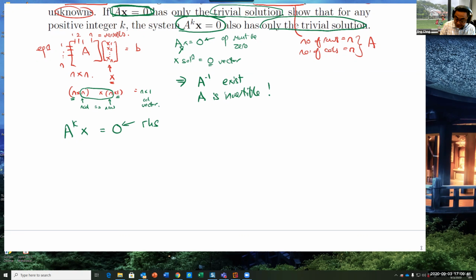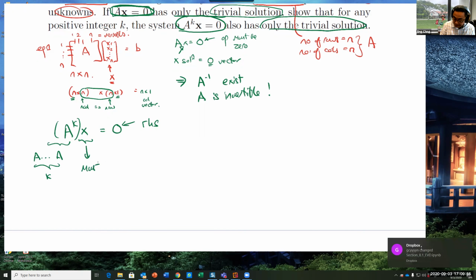I never tell you what A^k is. It's just A times A times A many times, k times. But I tell you that show us that this must be the trivial solution, which means x must also be the zero vector.